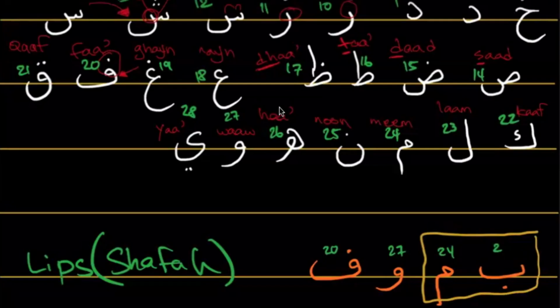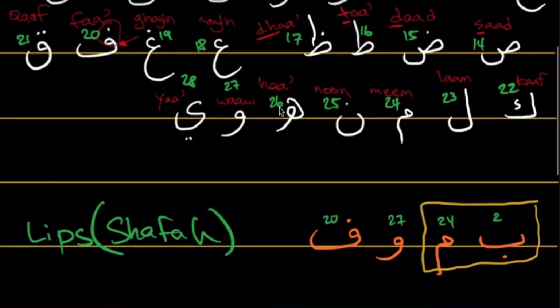Waw, your lips do not close completely, but you are using two lips. And then fa, you only use one lip. One lip with your teeth, the bottom lip against your teeth. Fa. So that's a family there, those lip letters.